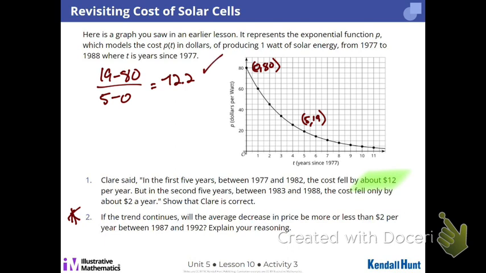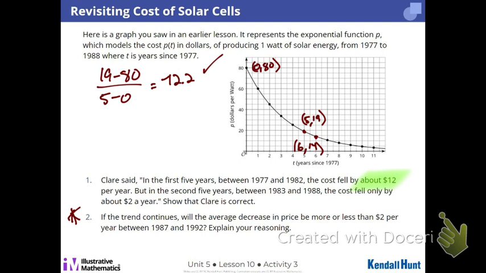Okay. Then she said the second 5 years. So we're going to go from 1, 2, 3. Do you think it wants us to start at 5, 19 or 6, 14? I did 6, 14 last time, but this time I just read it and I was like, no. This is 1983. Yes, we're 1983.